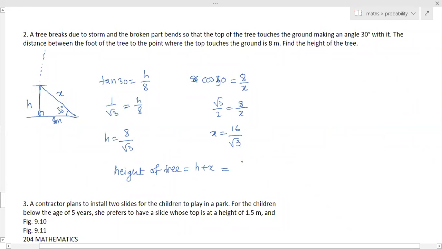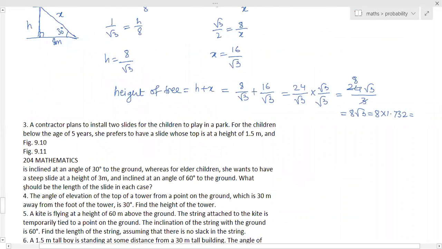Why? You calculated 8 by root 3. 8 by root 3 plus 16 by root 3, that is 24 by root 3, into root 3 by root 3. So it is 24 root 3 by 3, that is 8 root 3, 8 into 1.732. Oh yes, in the last step I did root 3 by 16 by mistake.